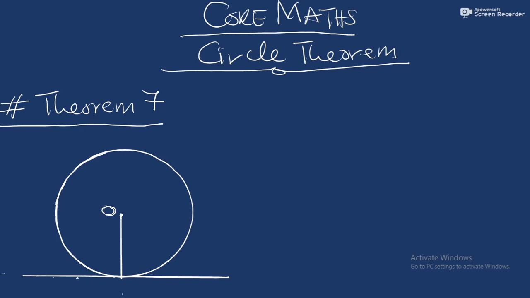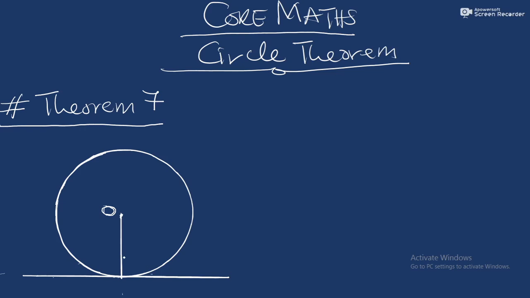So Theorem 7 is between the radius of a circle and a tangent to a circle. The theorem says that anytime a radius of a circle meets a tangent of a circle, the angle formed between them is 90 degrees.